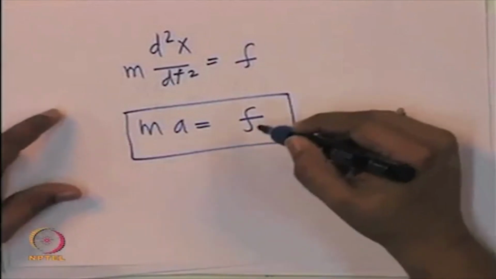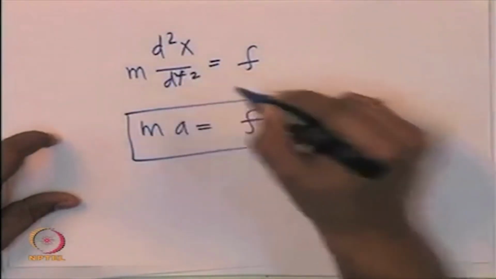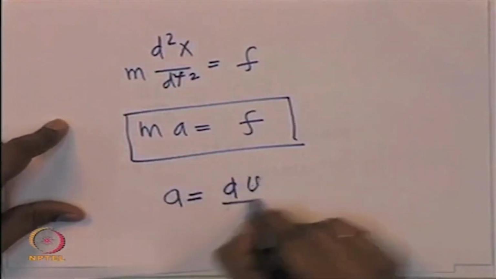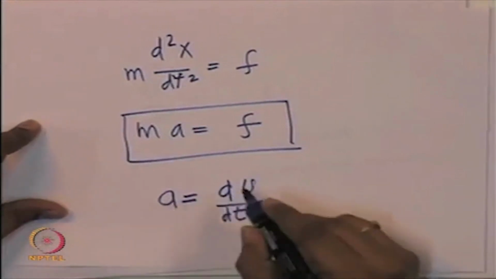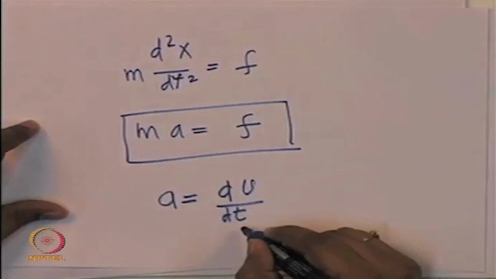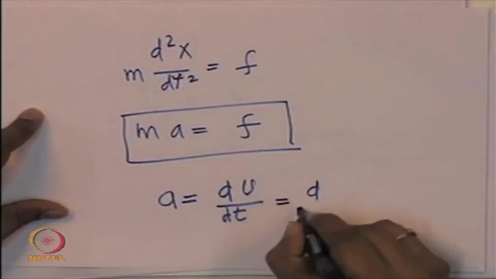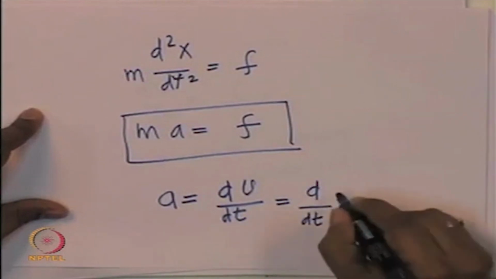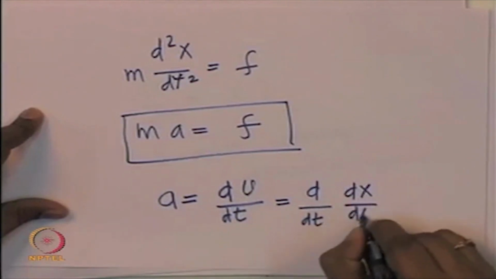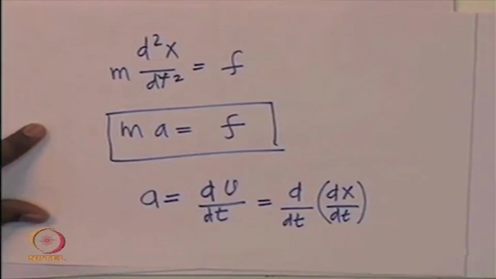This is the Newton's equation, as all of you know. Now, acceleration can be written as dv by dt. That is, a is acceleration, and acceleration is change in velocity by change in time, dv by dt, and v can be written as dx by dt, that is, change in position divided by change in time.